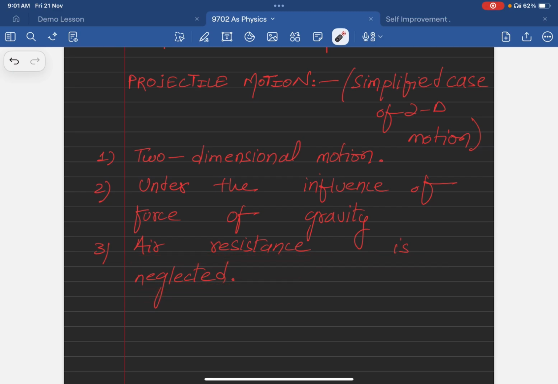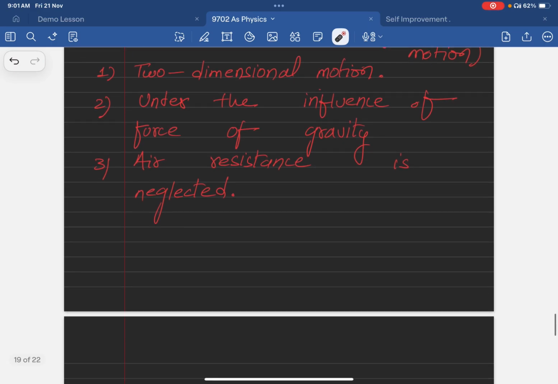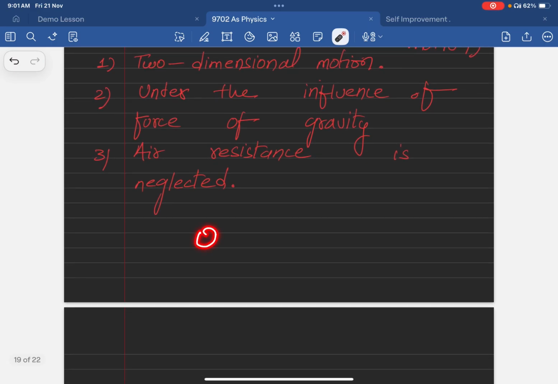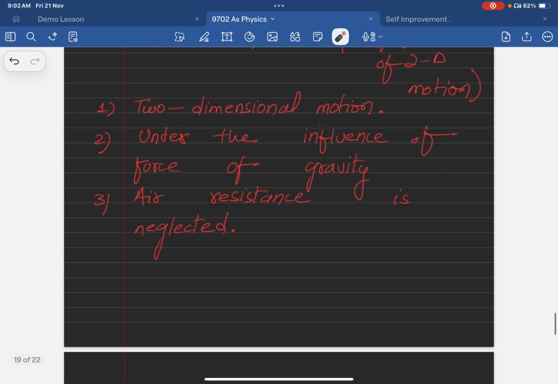Are some examples coming into your mind or not? Yes, we have discussed some examples above. Let's say I'm kicking a football. After kicking, if air resistance is neglected, there is only one force influencing the motion of the object, and that is the force of gravity. So you can say that kicking a football is a projectile motion.